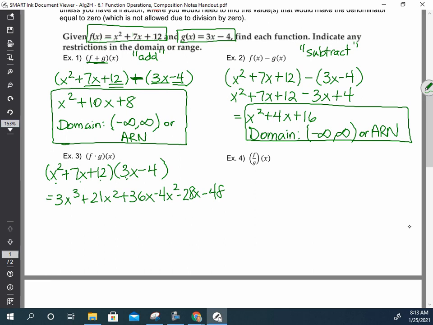All I did was distribute. Combine your like terms. So 3x to the third, 21 minus 4, 17x squared, 36 minus 28, 8, minus 48. You don't have any fractions, so your domain is still all real numbers.